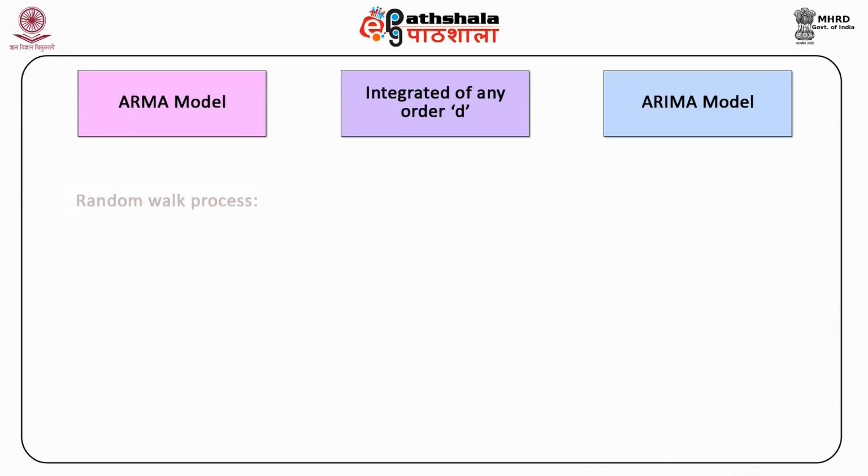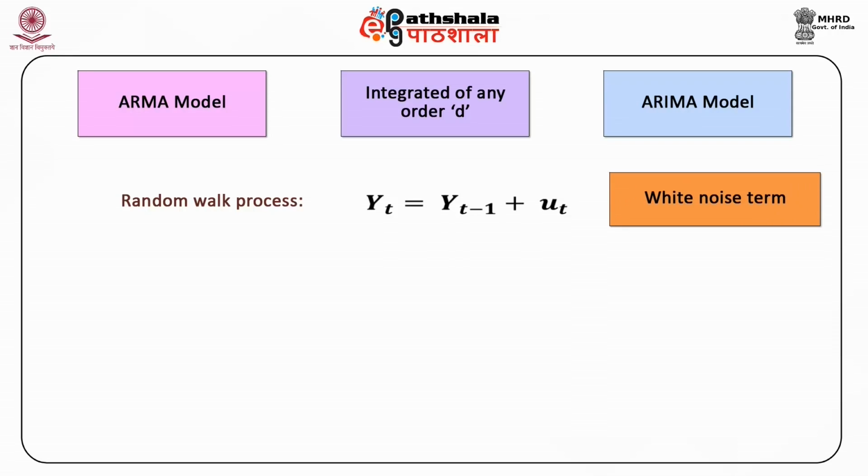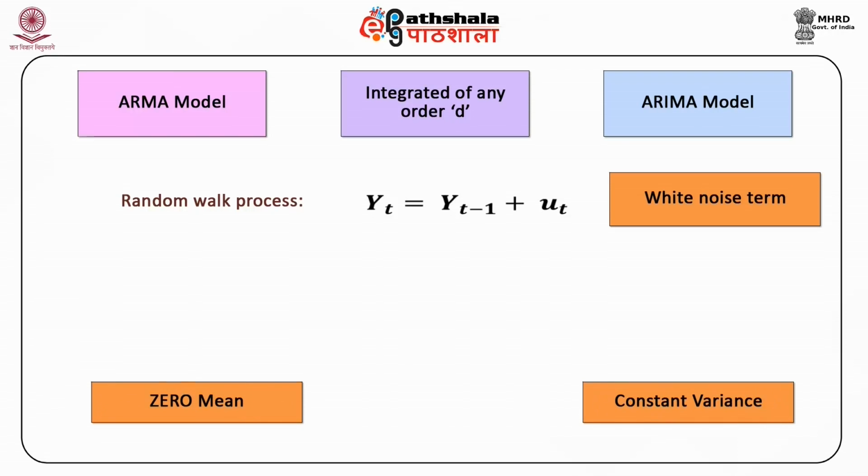Let us start with a random walk process like Yt = Yt-1 + ut. As we all know from the previous modules, the error term ut is called the white noise term, which is independently and identically distributed with zero mean and constant variance.